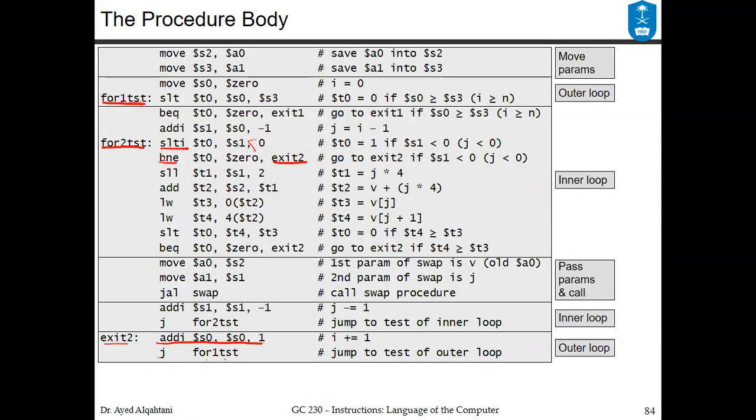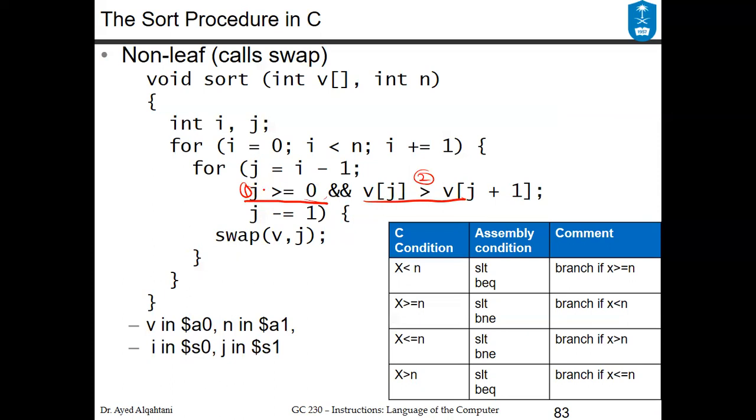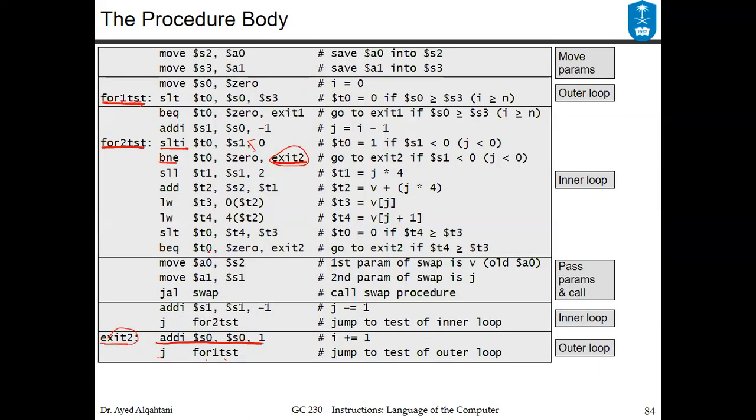So this is why, if this condition is not satisfied, then you move to exit 2, which is this condition, as j is larger than or equal to 0. Also, when v of j is larger than v of j plus 1, you go to the first for loop. And this is what happens here. You will branch to the exit 2.